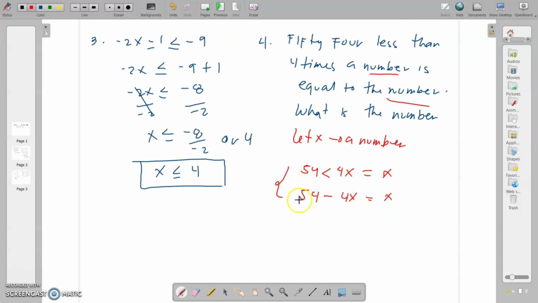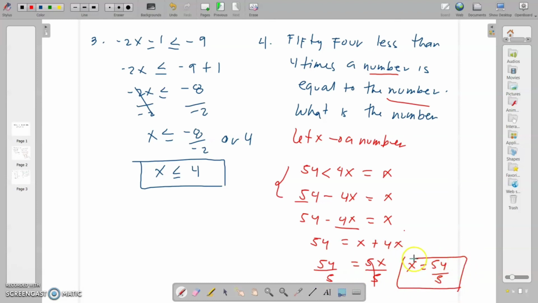So it's the same. So combining like terms, ang 54, itong negative 4x transposed to this side maging positive, x plus 4x. So 54 equals x plus 4x equals 5x, over 5 over 5. So x equals 54 over 5. Or pwede din siya, ito lang siya.